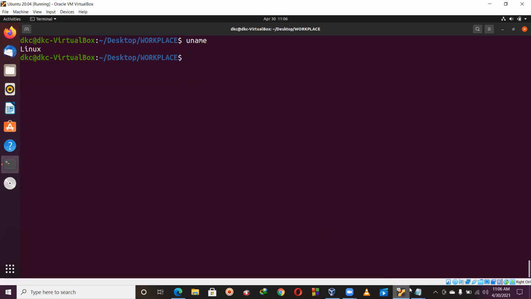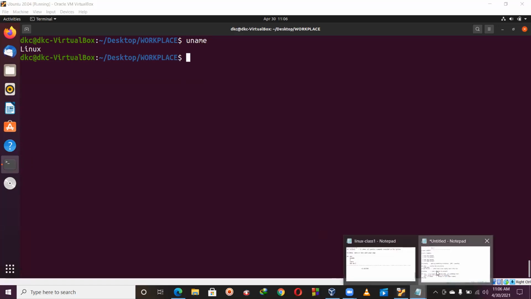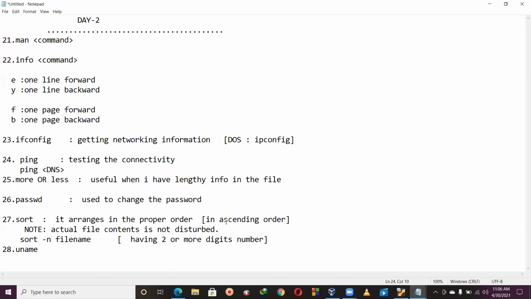Got it? Info about the OS. So Linux means the category. Info about the category of OS. Okay.